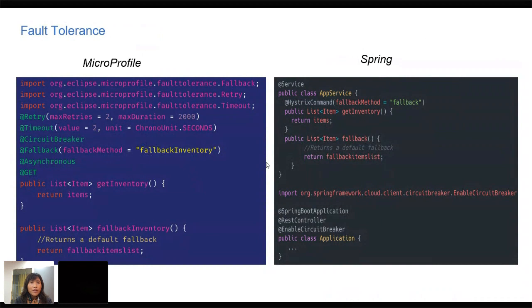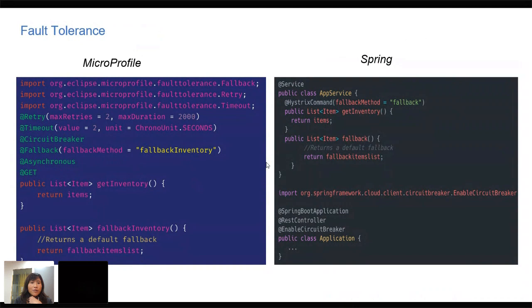So this is Timeout. If you call into a downstream service and it takes longer to respond, then with this timeout, for example if you specify 2 seconds and you don't get any backend response within those 2 seconds, you will return an error to your customer.